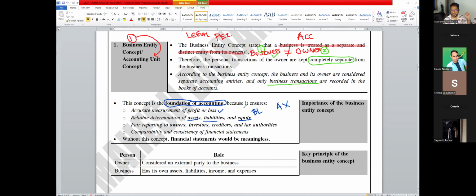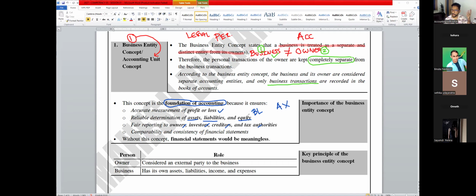Right. Fair presentation to owners, investors, creditors, and tax authorities. Fair reporting. Son, this is something very important. Here, I repeat, we record only the business transactions, the transactions relevant to the business. We don't consider the personal transactions of the owner.